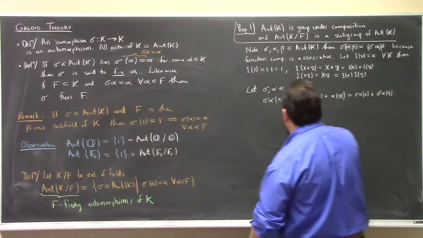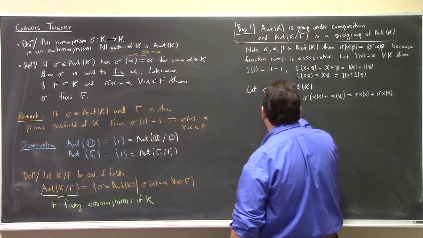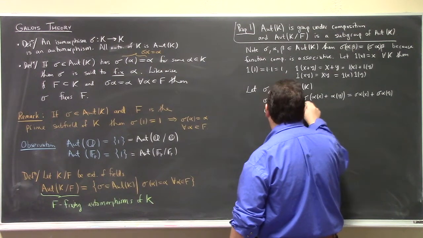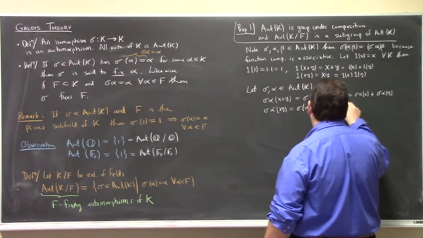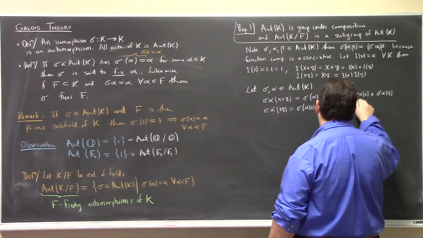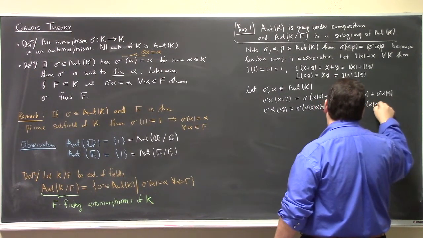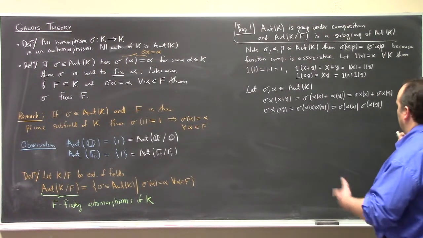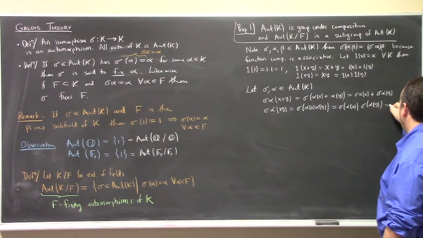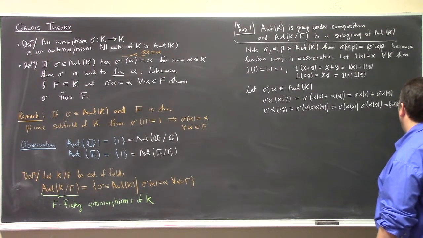And multiplicative is very similar: sigma alpha of xy is sigma alpha of x times sigma alpha of y.